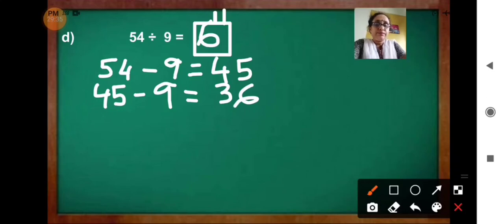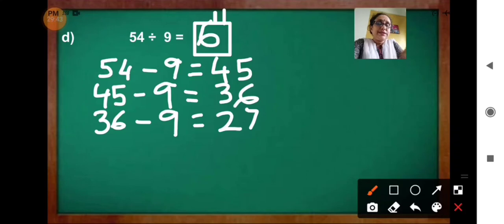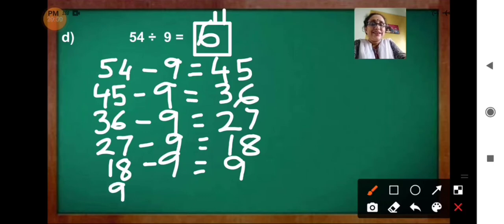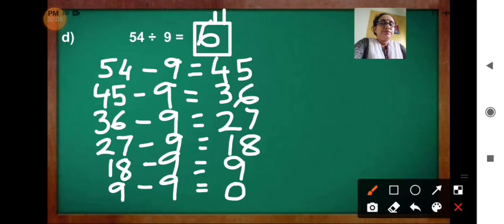Do slowly. Now 36 minus 9. 27. 27 minus 9. 18. 18 minus 9. 9. And then 9 minus 9. 0. That means nothing is left out. You have distributed.